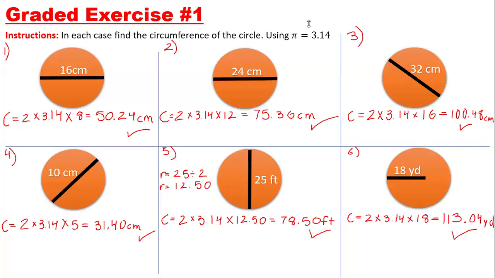For number five, I got 78.50. Anyone? For number six, I got 113.04. All right, those are the answers. Anyone got all these? Let me know if you got all these.